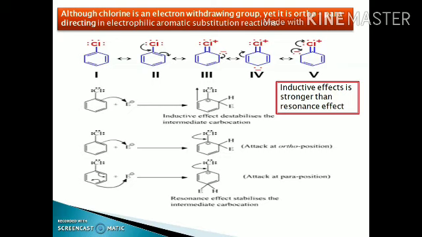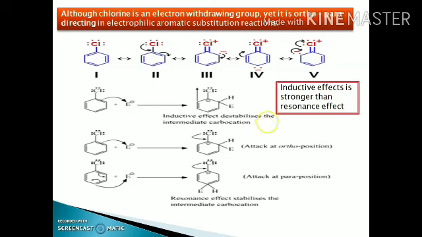As the resonance effect opposes the inductive effect for attack at the ortho and para positions, it makes the deactivation less prominent for these positions. Thus, it can be concluded that the reactivity is controlled by the stronger inductive effect, whereas the orientation is controlled by the resonance effect.